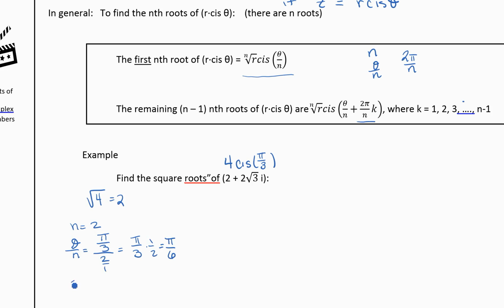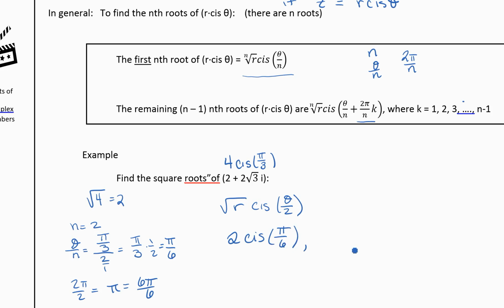And then 2 pi over 2 is pi. Since the other angle has a denominator of 6, we want to think of this like 6 pi over 6. So our first one, the square root of r cis of theta over 2, will be 2 cis of pi over 6, since we found that theta over 2 to be pi over 6.